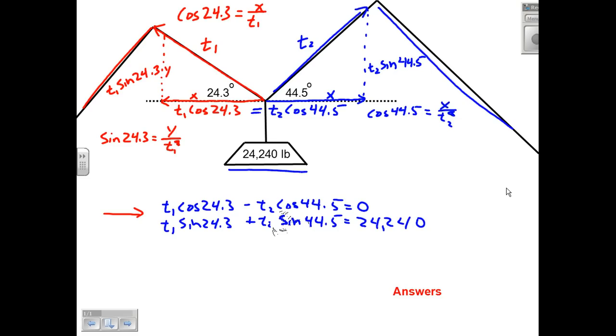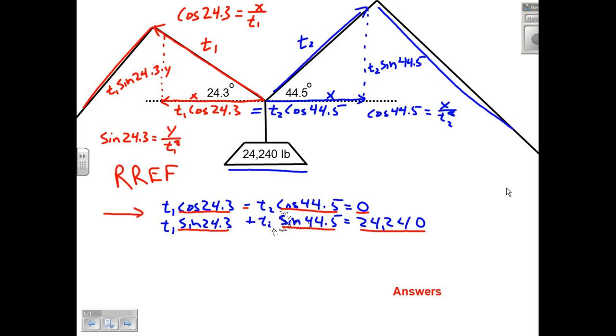But we've got a lot of ways we could solve a system. We could take this value and then the negative cosine 44.5 and the 0, and put that into a 2 by 3 matrix, and RREF this, row reduced echelon form. And we've got some technology that'll do that for us.